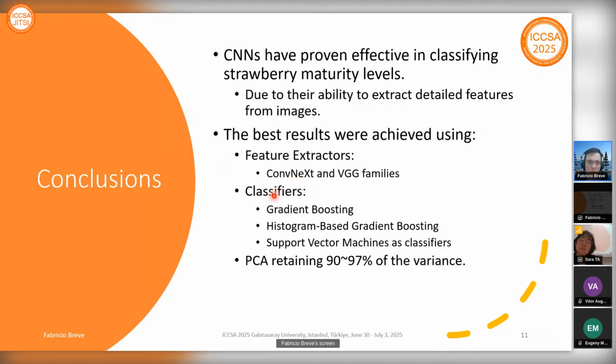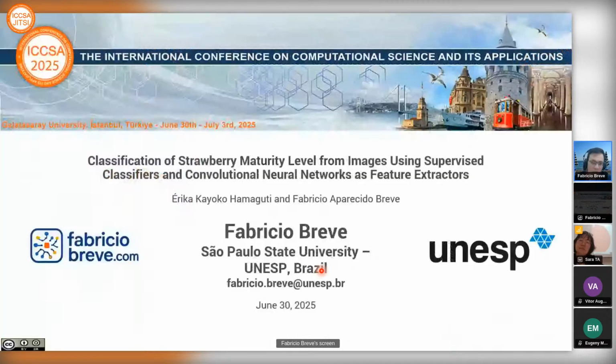The best classifiers were gradient boosting, histogram-based gradient boosting, and support vector machines. And for PCA, the best results were with PCA retaining 90 to 97% of the variance. And that's it. Thank you.